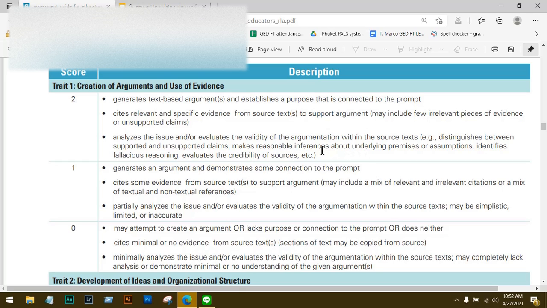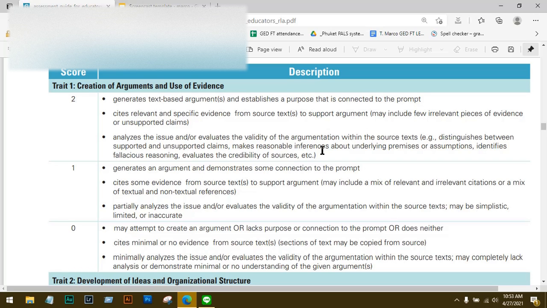This is really important. A lot of students are just quoting the source text without even explaining it, without creating explanations about the text. They don't actually explain that this evidence is relevant to the topic, or this is a strong evidence because what?